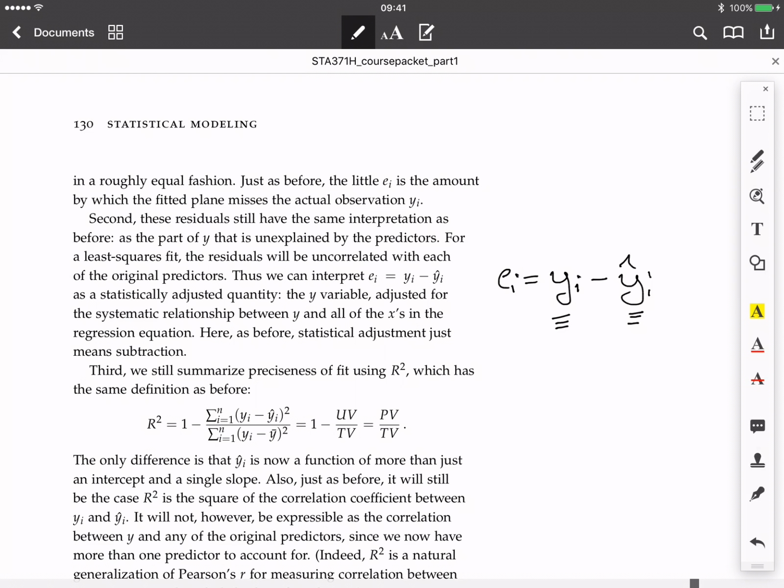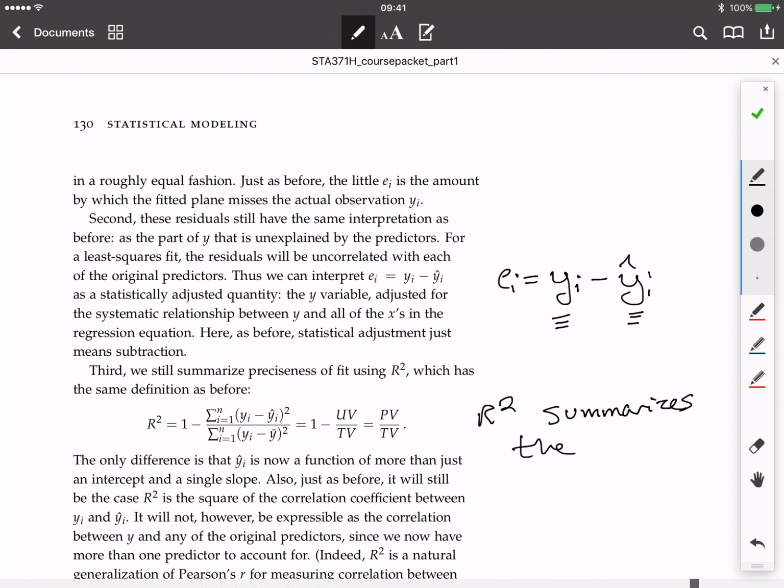A third thing that stays the same is that we still use r squared. R squared still summarizes the fit of the regression model, and it still has exactly the same interpretation that it did before. It's the ratio of predictable variation to total variation, and those quantities are defined in exactly the same way as they were before.